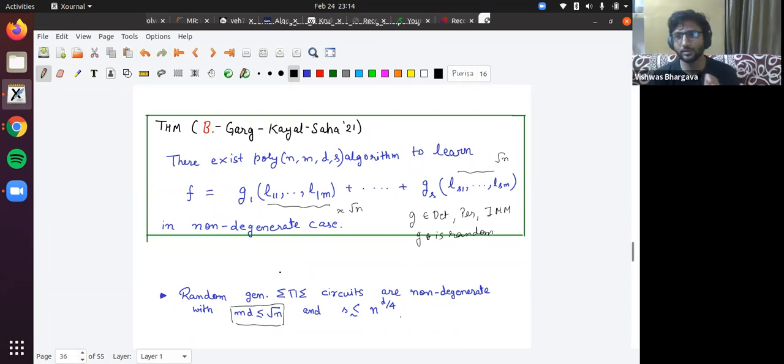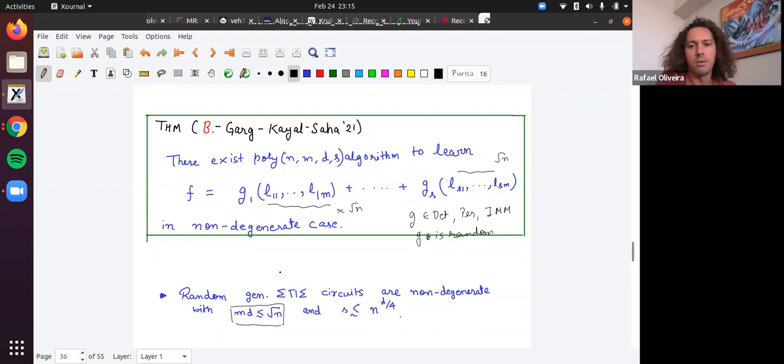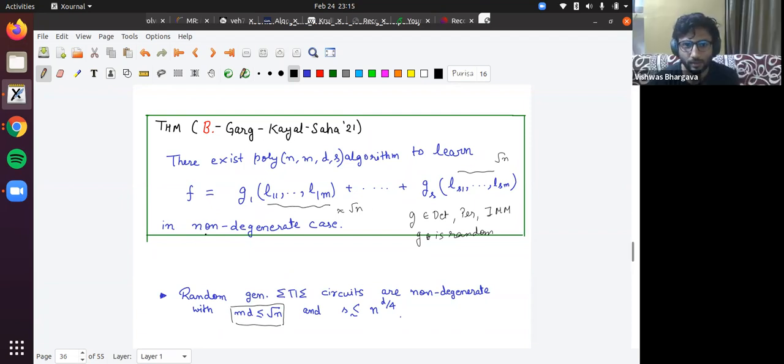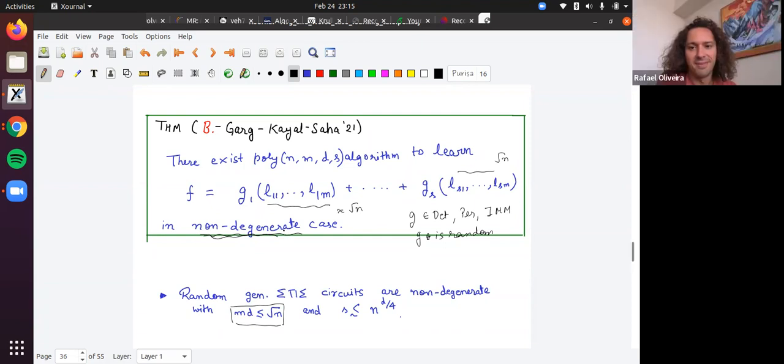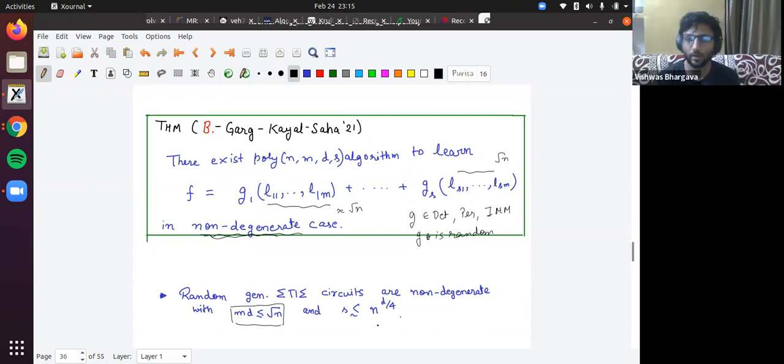The algorithm is simple. It's essentially the vector space decomposition algorithm applied to the partial derivative spaces here. But it only works when the circuit is non-degenerate. The catch is I have not written what the non-degenerate conditions are, but they hold in this setting.